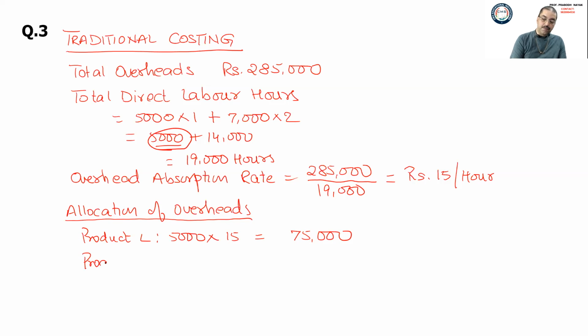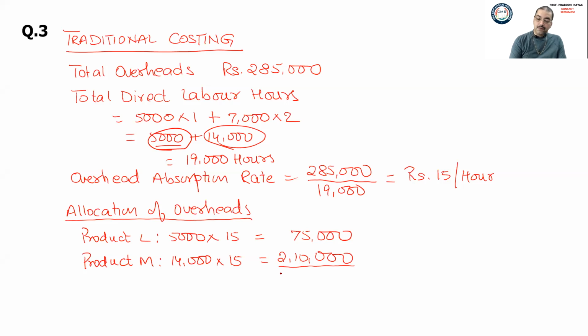Product M, 14,000 hours into 15 per hour. Two lakh 10,000. Total, two lakh 85,000. So this is the classification based on traditional costing methods.